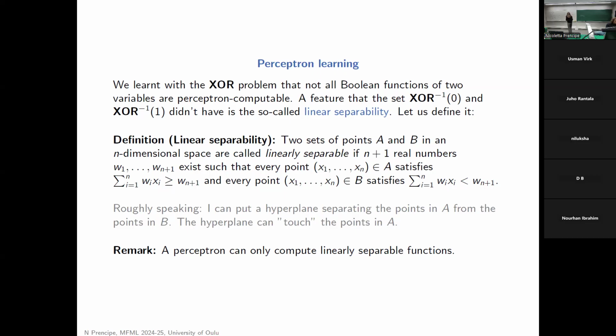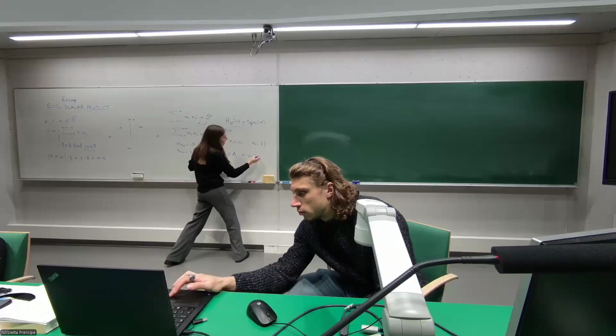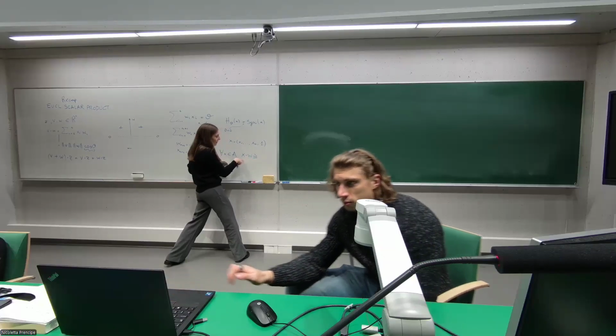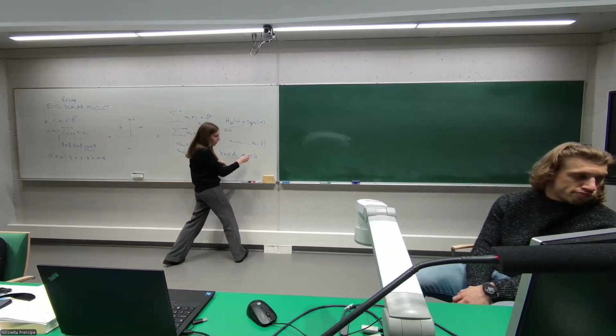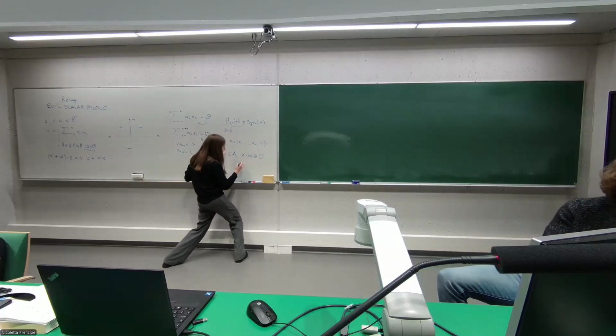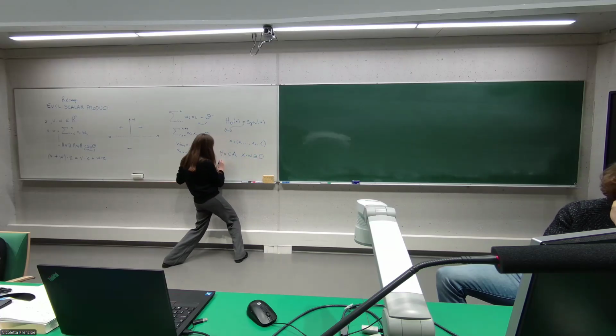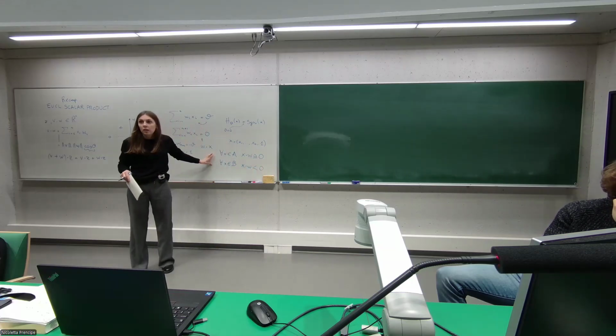In other words, this can be said in this way. For every point x in A, x scalar W is greater or equal than 0, with x extended because we put the 1, and for every x in B, x times W is smaller than 0. This is the same thing, okay?